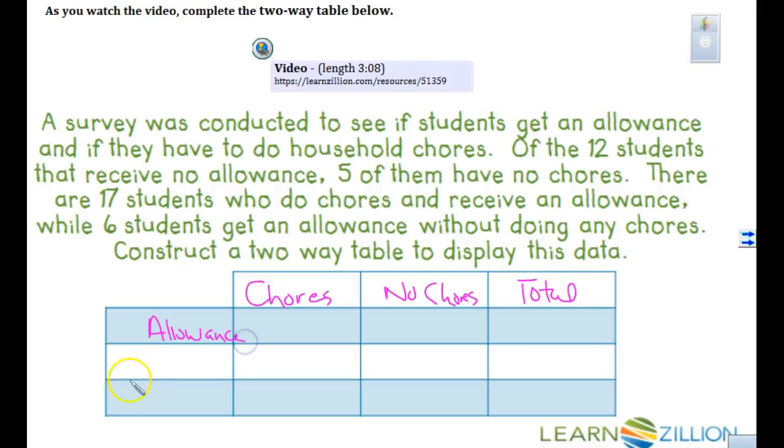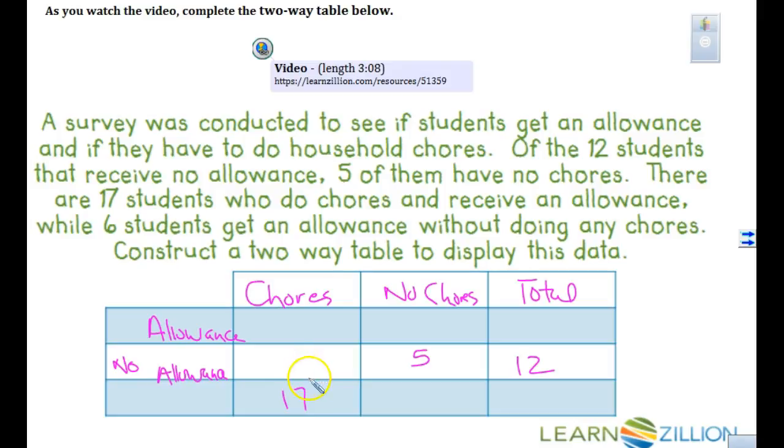So if I am starting to fill in, Brooke, which one do you want to try and fill in first from the information that they gave us? So we had the 12, right? Of the 12, we had 5 with no chores. We had 17 who do chores.